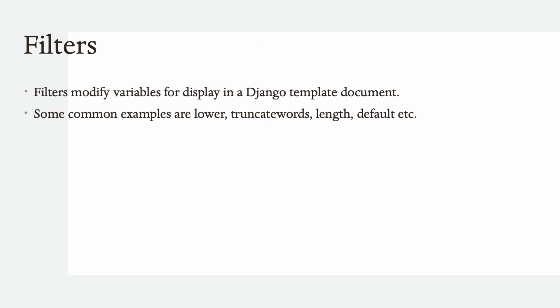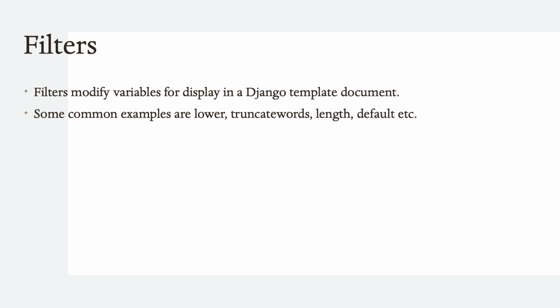Next, we discuss filters. Think of filters like, I don't know if you've used any of those popular image editing software where you can use different filters, maybe a black and white filter, to change the look of your image. That's exactly what filters do here. The filter modifies a variable in a Django template document in different ways. So there's lower, truncate words, length, default, upper.